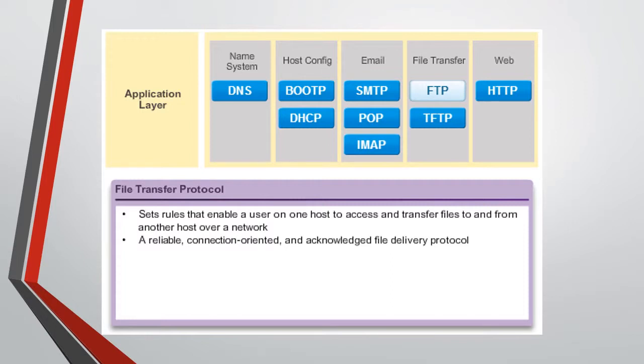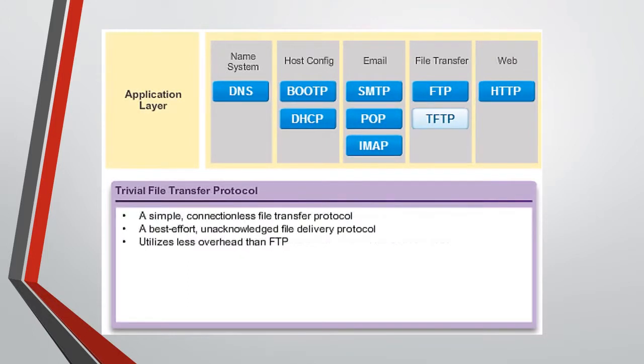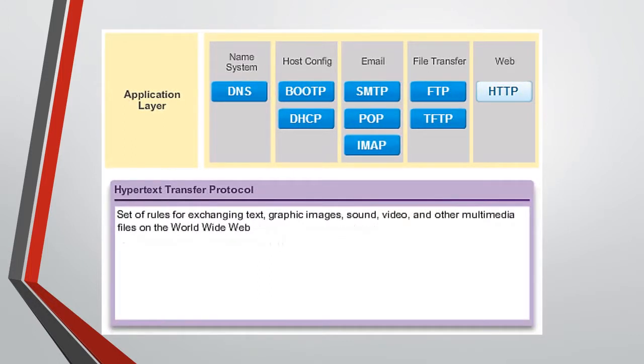A protocol used for interactive file transfer between systems. Trivial File Transfer Protocol. This protocol is used for connectionless active file transfer. Hypertext Transfer Protocol. This protocol transfers files that make up the web pages of the World Wide Web.